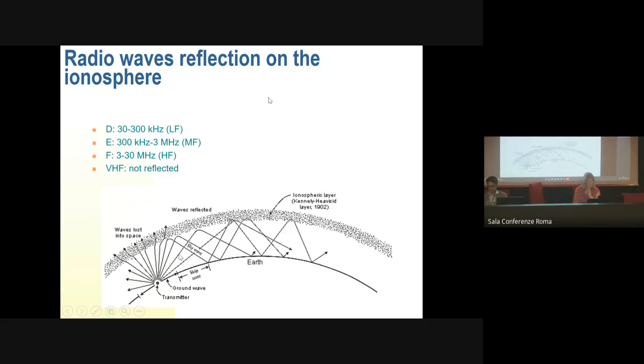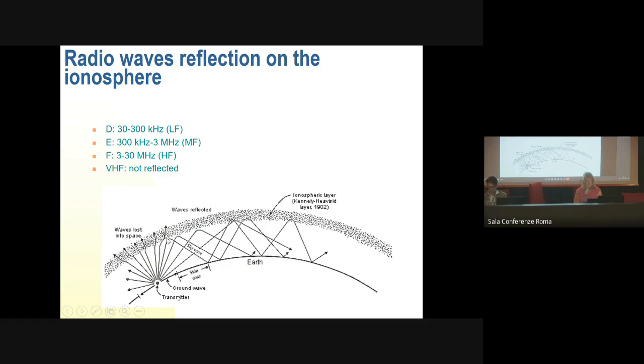Thus, the ionosphere is, of course, very important for the reflection of radio waves. The D layer, only present during the day, reflects low frequency waves, the E layer the middle frequency waves, sporadically, and the F layer, high frequency waves. Very high frequency waves are not reflected, and they can cross the ionosphere.